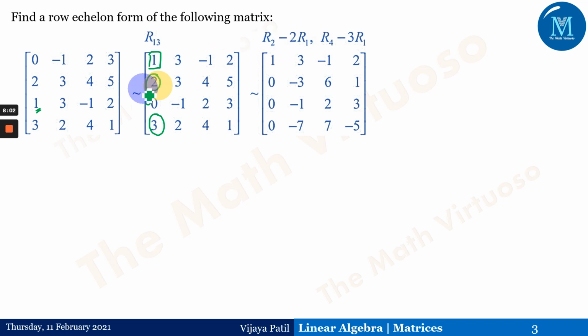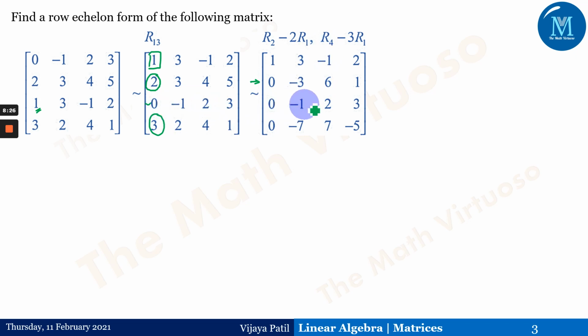So R2 minus 2 times R1, what will happen here? 2 minus 2 is 0, 3 minus 6 is minus 3, 4 minus 2, minus plus 2, will give me 6 here, and 5 minus 4 would give us 1. So this is the second row. Now the third would be the same: 0, minus 1, 2, 3.